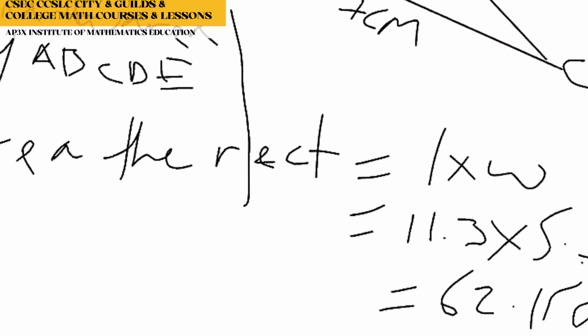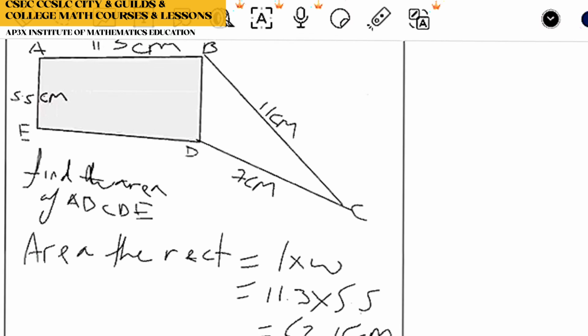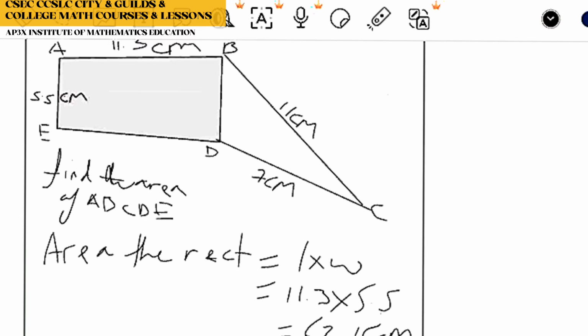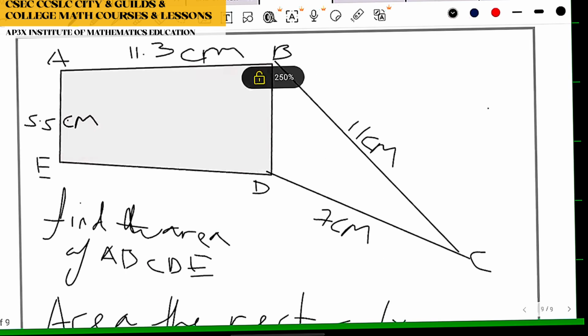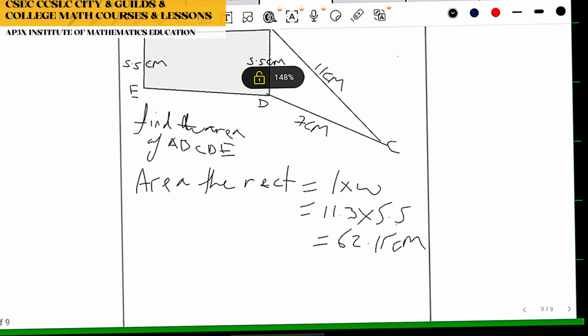That's correct. Very good. So since the triangle is attached to the rectangle and the opposite sides of a rectangle are equal, then it's safe to say that this side is also 5.5. And so therefore now that gives us a triangle with all three sides. Now, what's the formula that we use when we want to find the area of a triangle with all three sides?